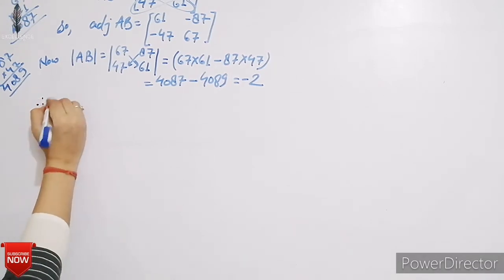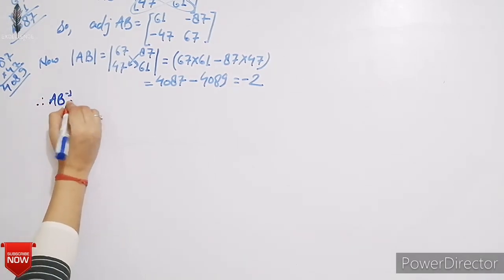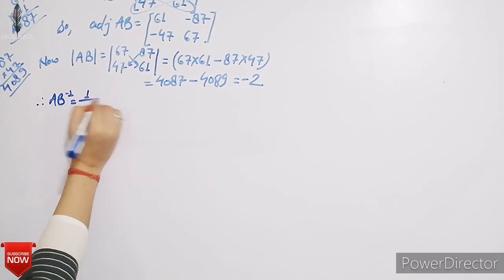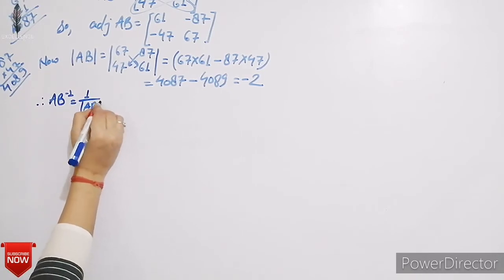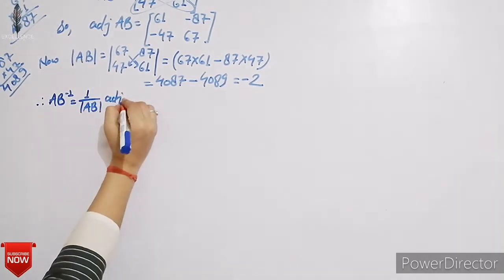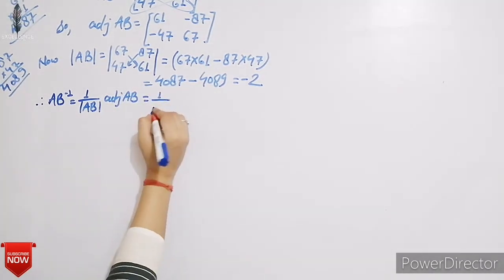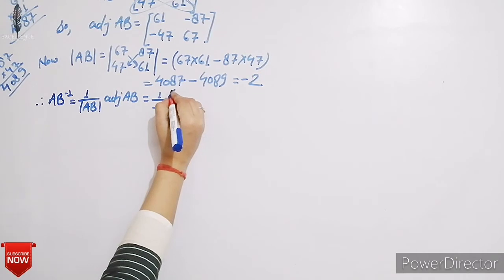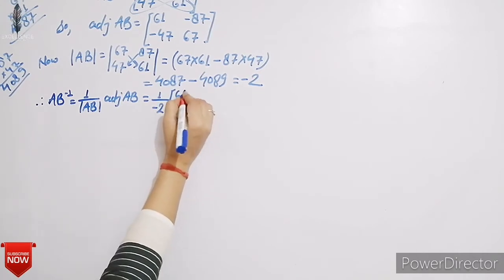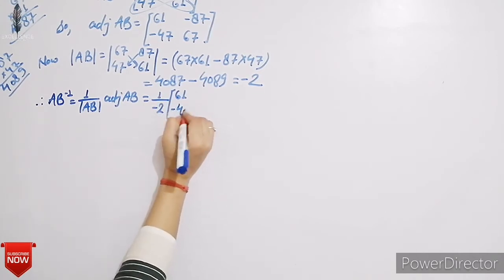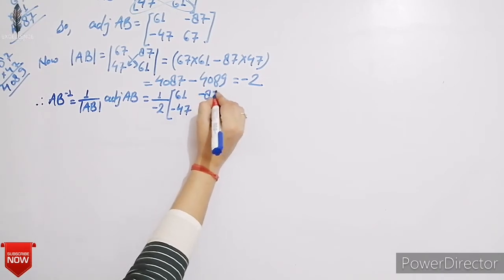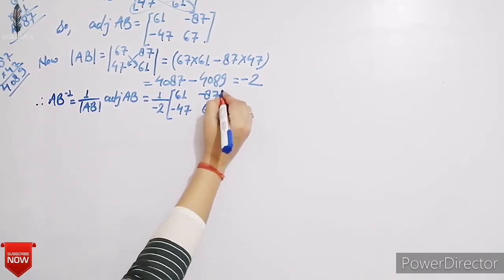So the inverse of AB, that is our LHS part, (AB) inverse is equal to 1 by determinant of AB into adjoint of AB. That is equal to 1 by minus 2 into 61, minus 47, minus 87, 67.